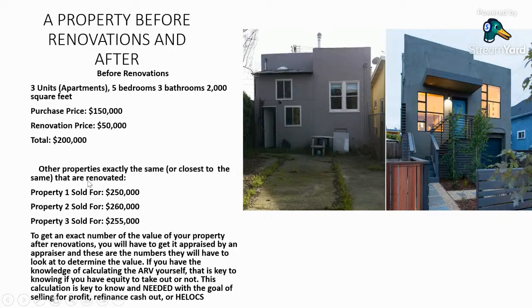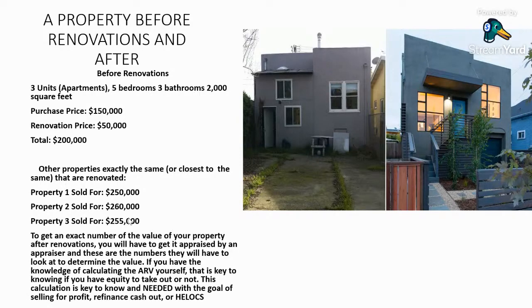So other properties exactly the same or closest to the same that are renovated, right? For example, one property sold for $250,000. Property 2 sold for $260,000. Property 3 sold for $255,000. What are these properties?